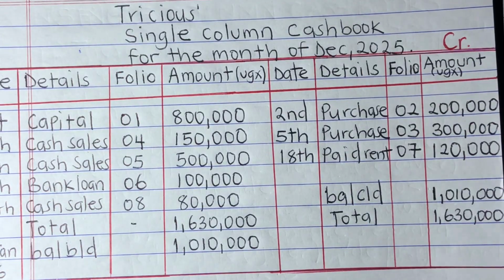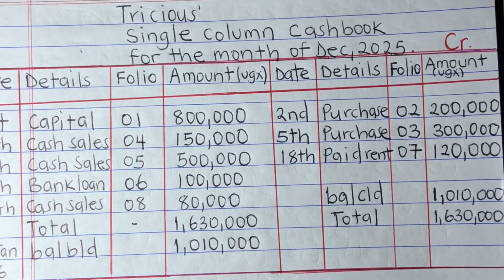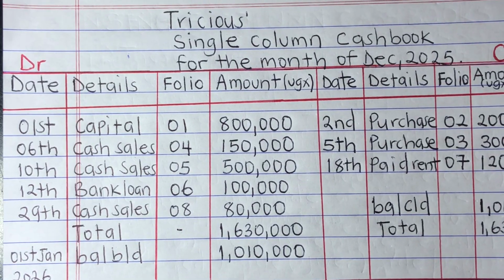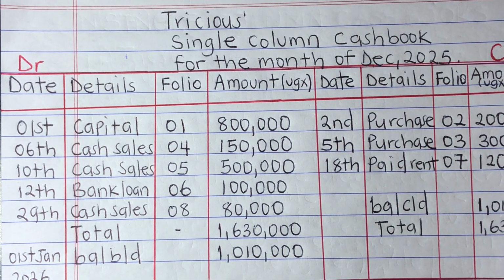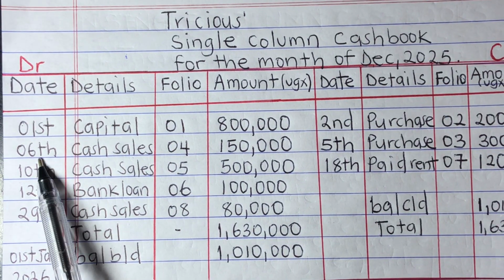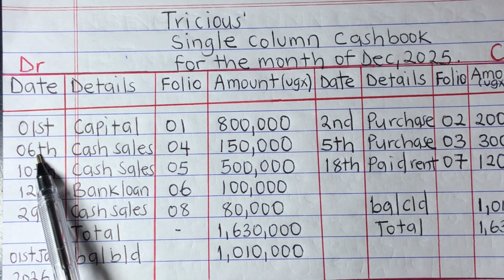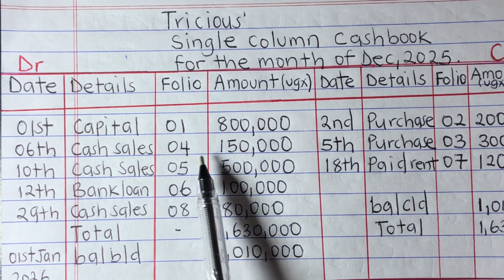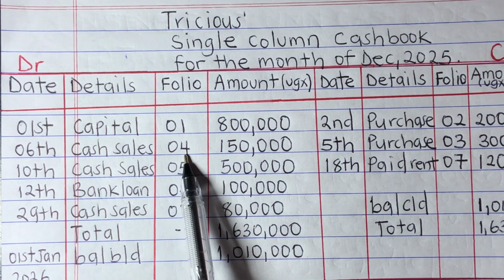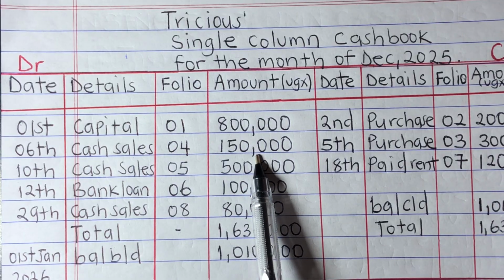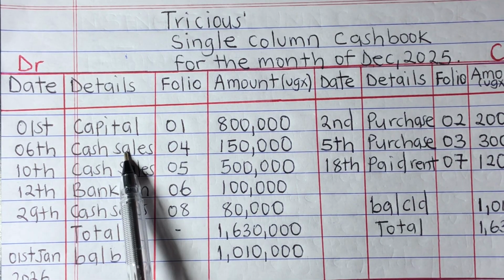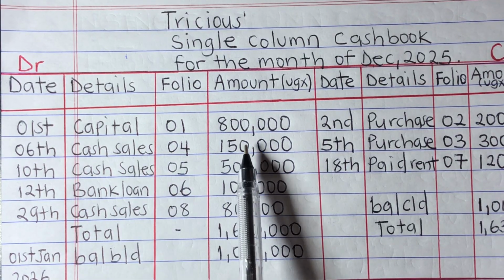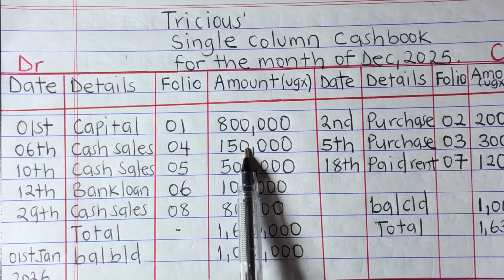So we said on 6th it was a cash sale. So we say 6th cash sales. Let's give it a folio number 04, and the amount was 50,000. We are recording it on the debit side because it was a cash sale. The business was receiving money.